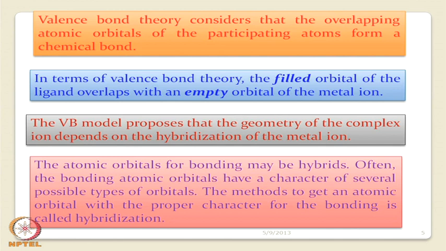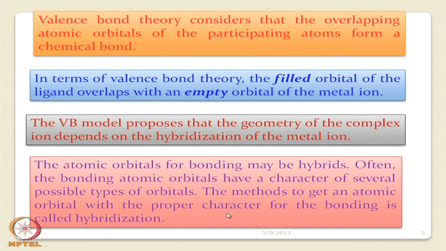How do we get this? In this particular methodology, the different atomic orbitals of the metal center, say 1s or 3p orbitals with proper character, that means 1 having s character and 3 having p character, are utilized for bonding.